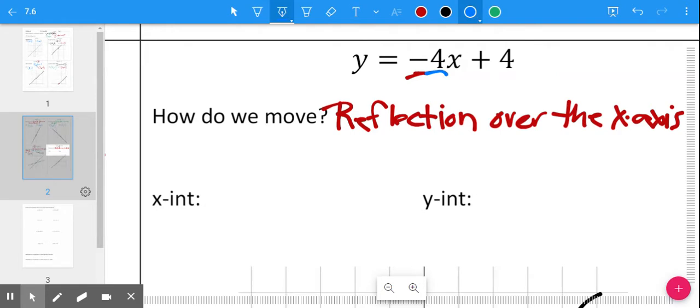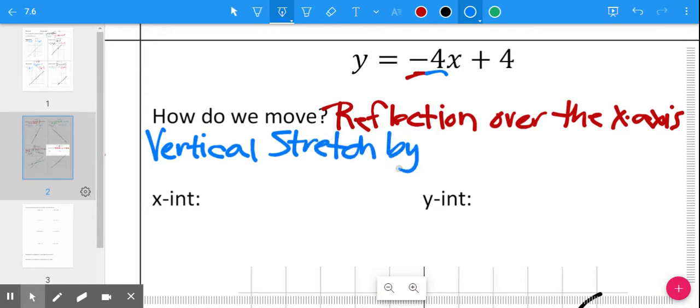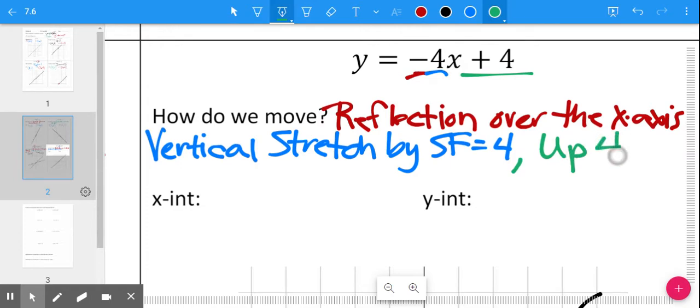The 4 tells us that it is a vertical stretch by a scale factor of 4. There's nothing happening inside the parentheses, so nothing happening to the inputs, which are your x values, left and right. There's only a number outside of the parentheses, which affects your outputs. So plus 4 is up 4.